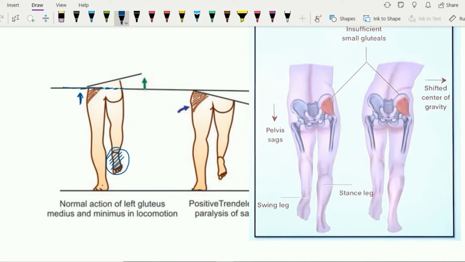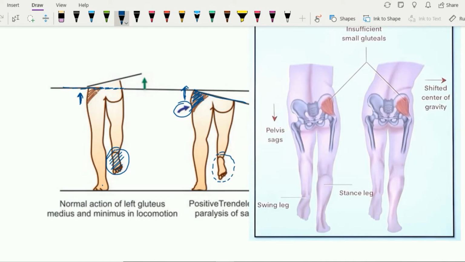While in the case of paralysis of the gluteus medius, minimus and the tensor fasciae lata, there will not be abduction of the pelvis, and that will lead to the sagging of the pelvis to the opposite side at the time of lifting of the foot.